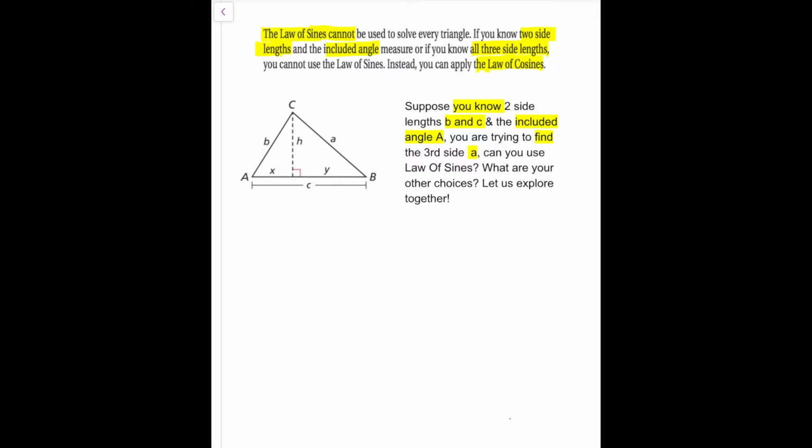So we are trying to figure out what the law of cosines is. Let's take an acute triangle, the normal acute triangle, and mark all three sides the same way: lowercase a is opposite to angle A, the side opposite to angle B is lowercase b, and the side opposite to angle C is lowercase c.